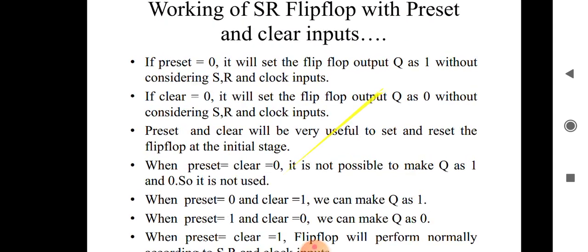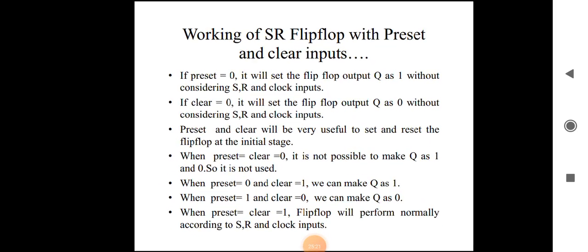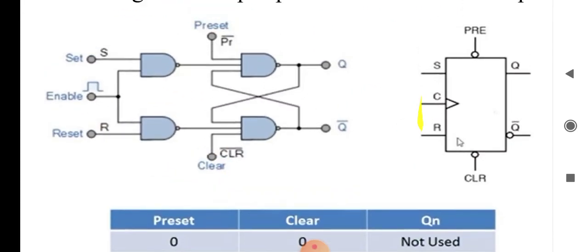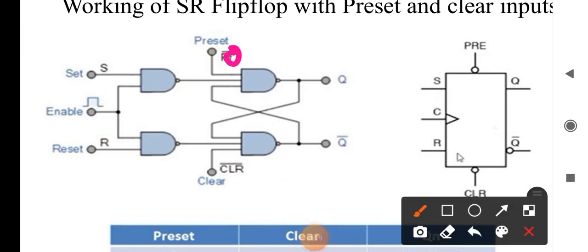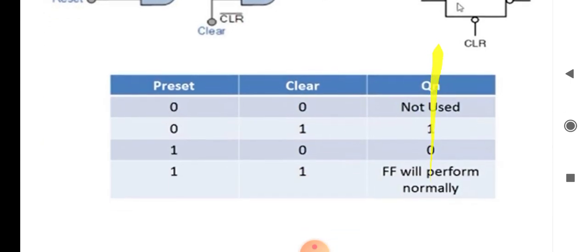So if preset is equal to 0, it will send the flip-flop output Q as 1 without considering SR or clock inputs. Qn is always 1 when preset is equal to 0.